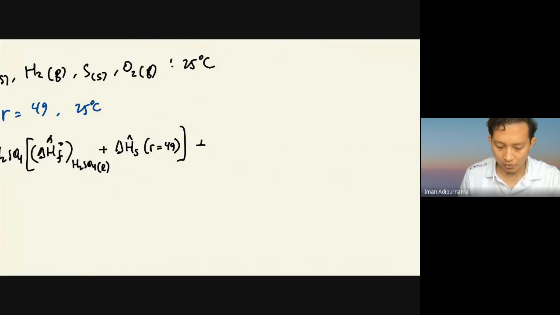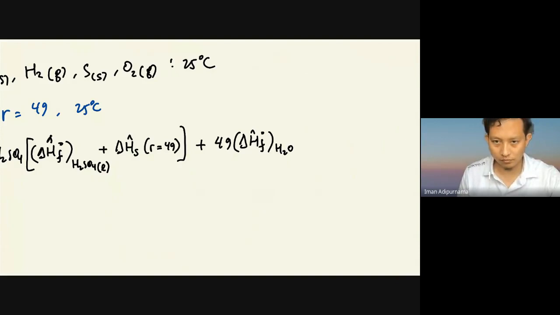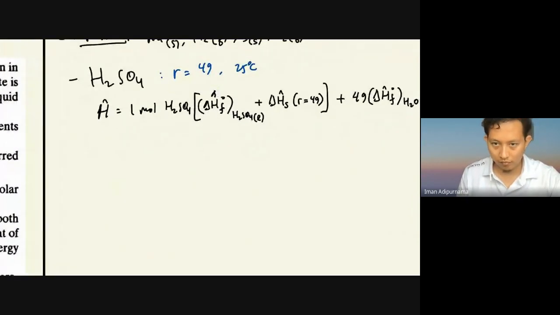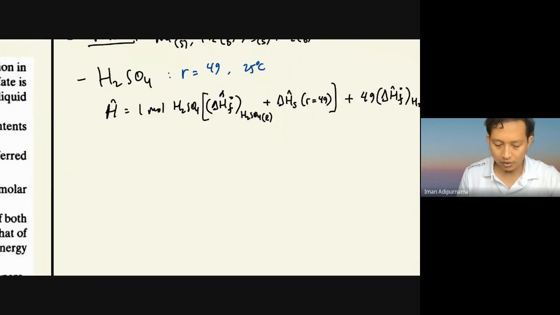And then don't forget to add the water, 49 delta HF of water. You can check the results.